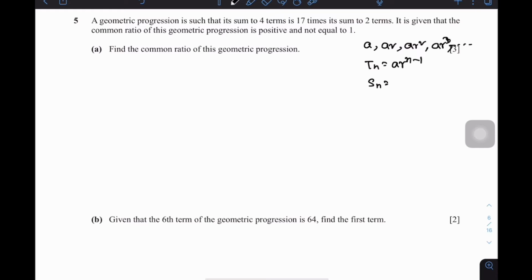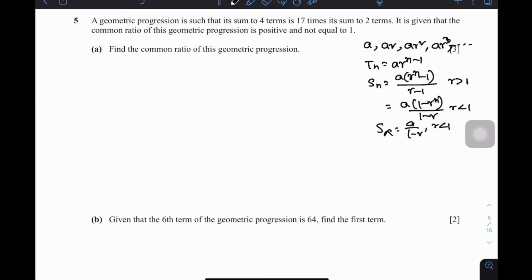Sum of n term, it can be a times r to the power n minus 1 divided by r minus 1, if r greater than 1, or we can write a times 1 minus r to the power n over 1 minus r, though both are same thing, for r less than 1. Sum to infinity of infinite series, I mean related to GP, is a by 1 minus r, where r less than 1. So here a indicates first term and r is common ratio.